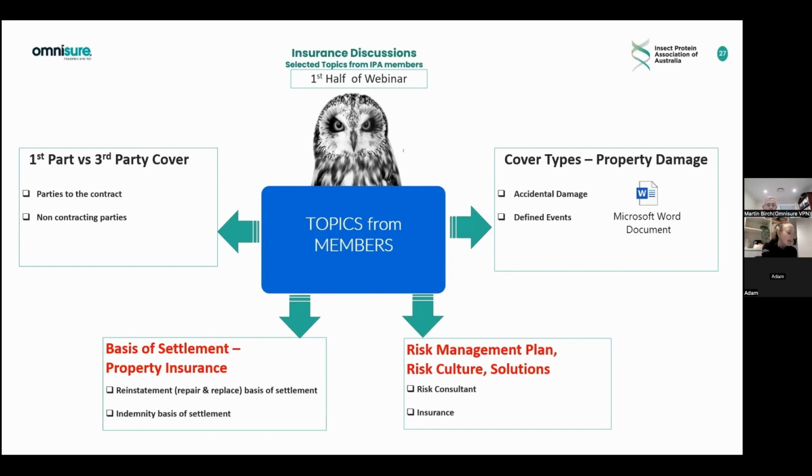I particularly was interested in the risk management plan idea and your thoughts on the fact that that could actually help you get insurance and potentially reduce your indemnity. I've got to say, some of the examples you used were a little grim. The poor kid with no eye anymore.